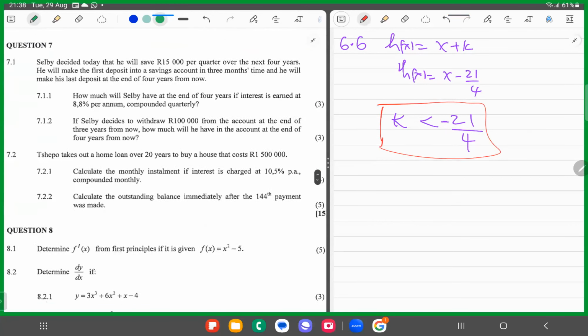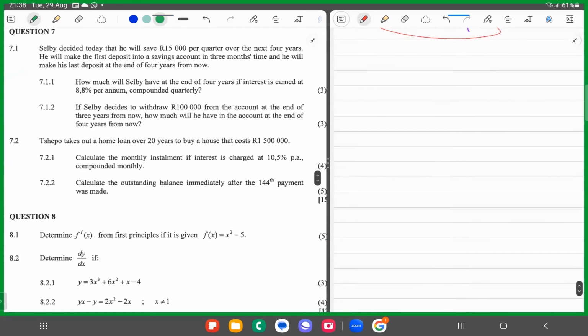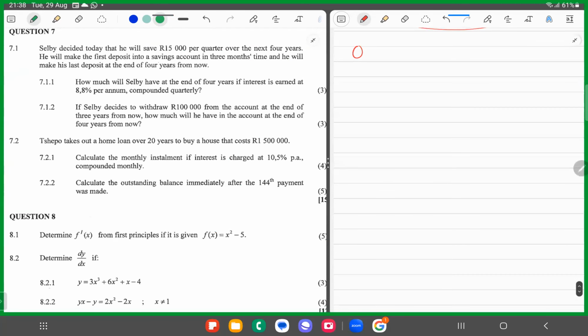Okay, I want us to do some finance now. Question 7. Right, so in question 7, we're going to look at Selby.